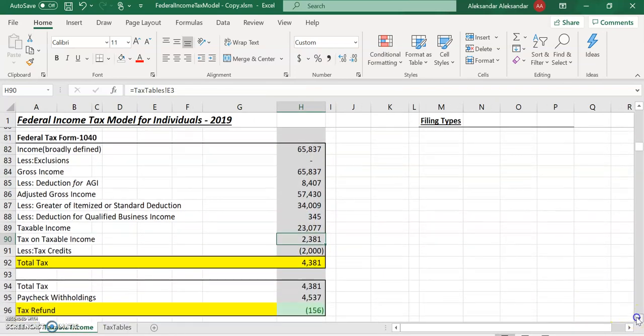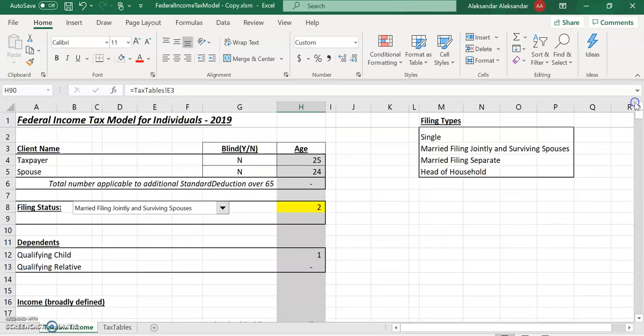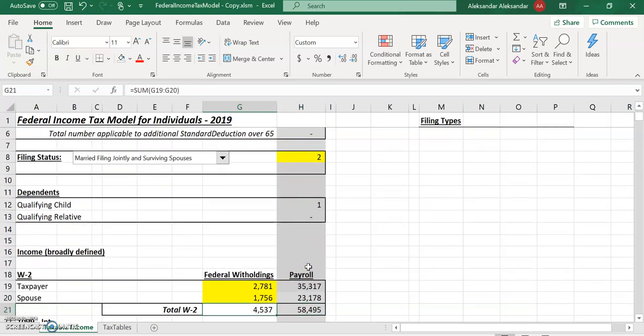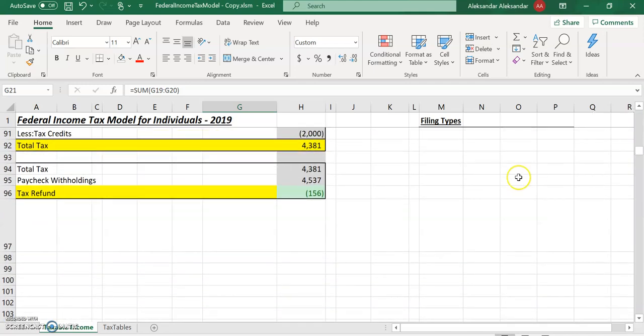So once we have the total tax, we take into consideration the amount of withholdings that we mentioned up above, and they are here, the total of federal withholdings, and this amount gets deducted from the total tax that we owe, right?